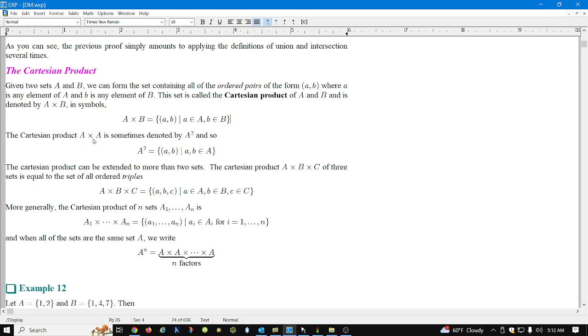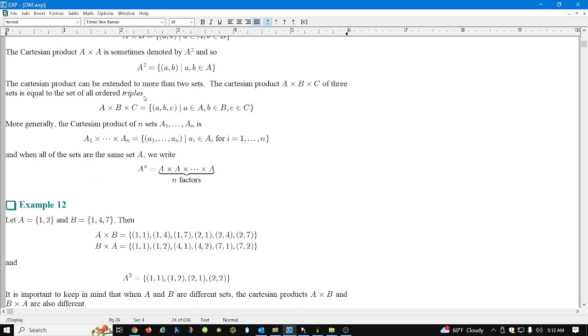The Cartesian product of a set with itself, A cross A, is sometimes denoted by A squared, so it would look like this. And we can extend the Cartesian product to more than two sets. It's what you would expect. A cross B cross C is a set of ordered triples, where little a comes from capital A and so on.